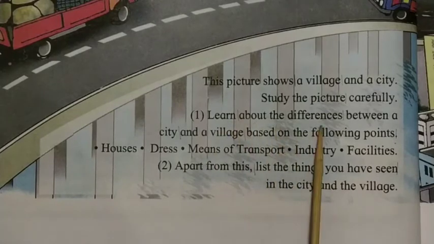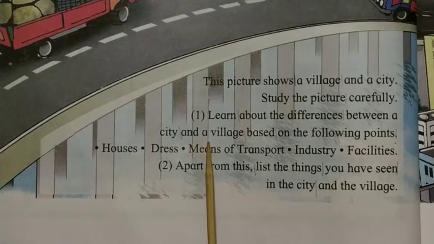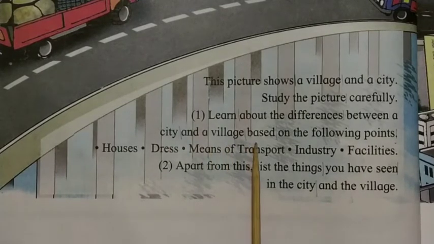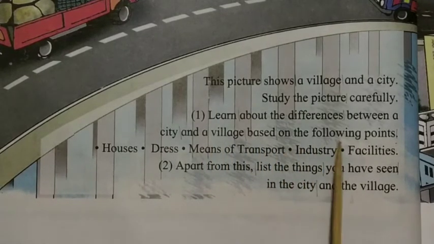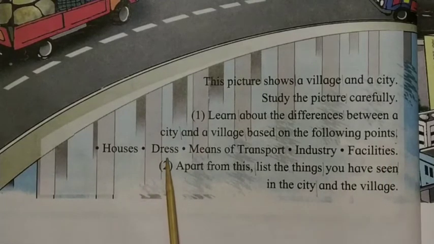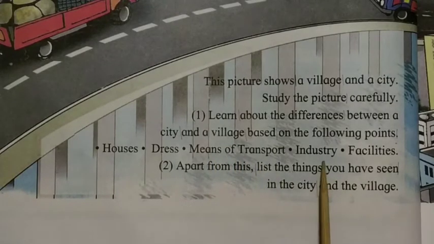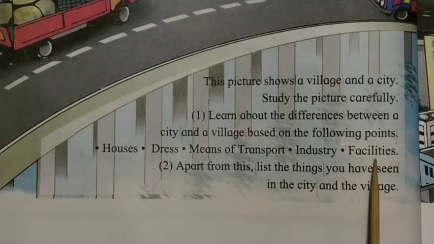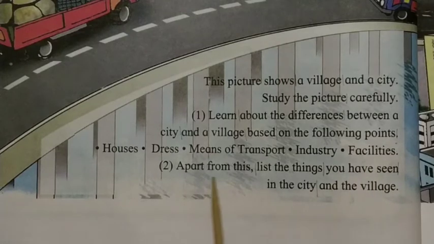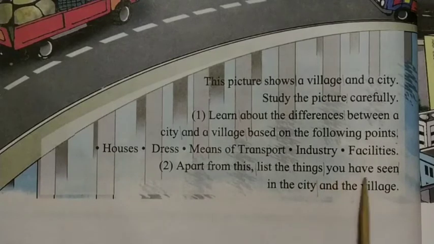Learn about the differences between a city and a village based on the following points: houses, dress, means of transport, industry, facilities. Apart from these, list the things you have seen in the city and the village.